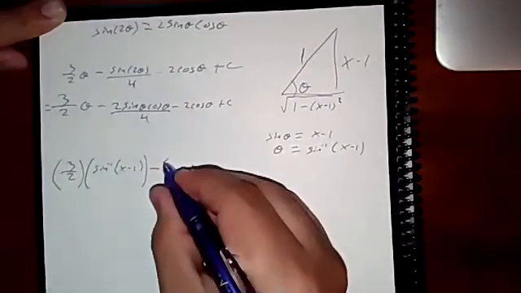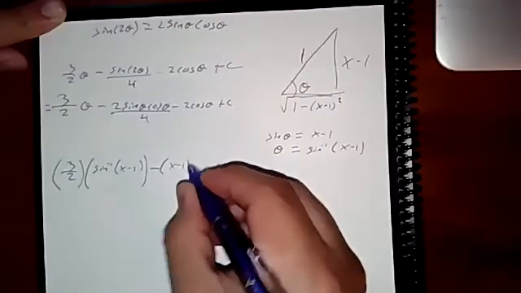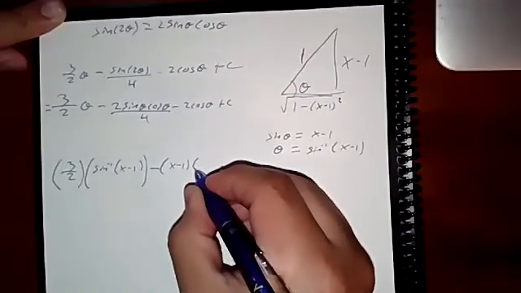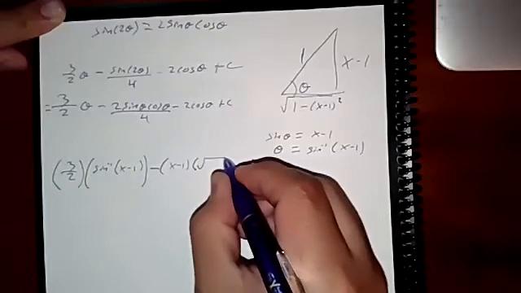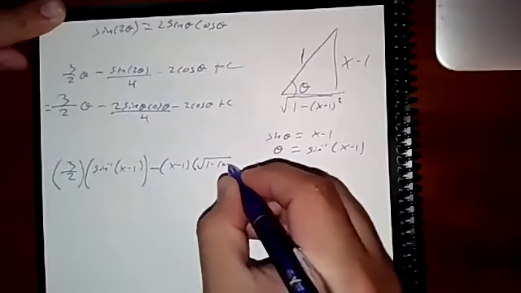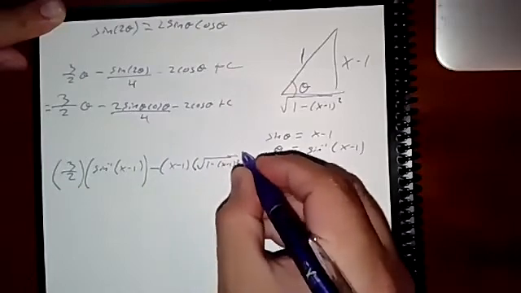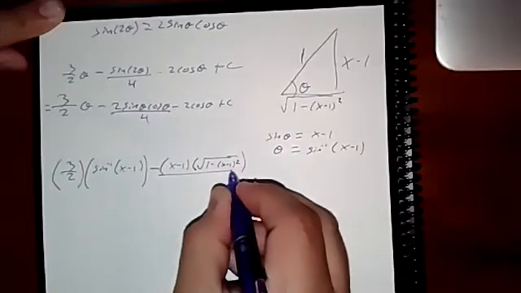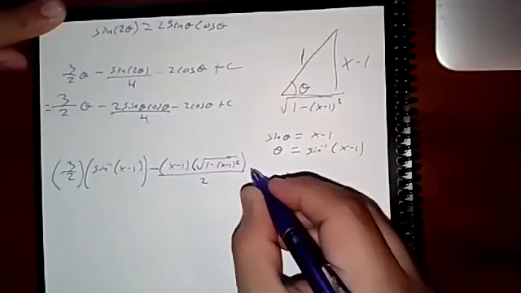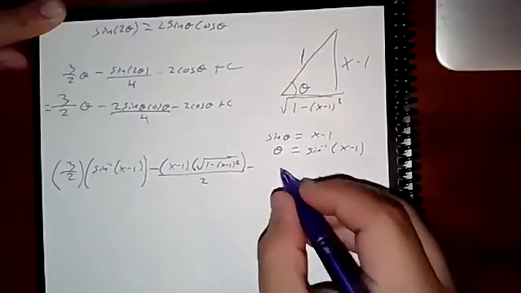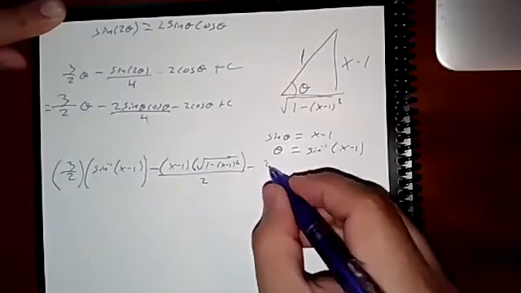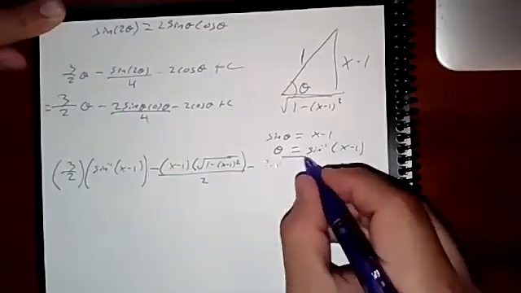So sine is equal to x minus 1 times cosine, which is this, over 2, right? Minus 2 cosine, which is minus 2 this thing.